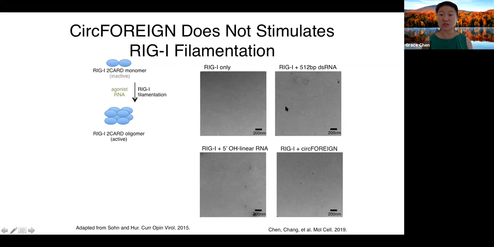With a positive control, we see lots of RIG-I filaments. And in our other negative control, where we have the exact same sequence of RNA but it's linear and has a 5' hydroxyl, we see essentially no filaments being formed. And when we test our CircFOREIGN for the ability to induce RIG-I activation, we see very few.